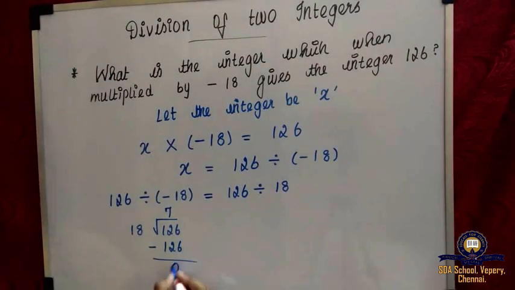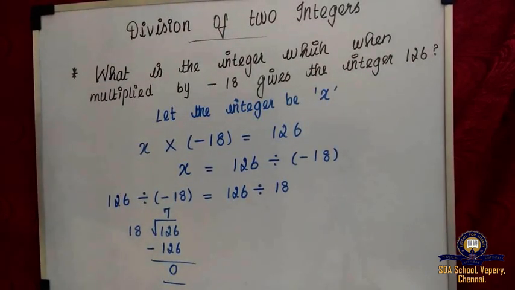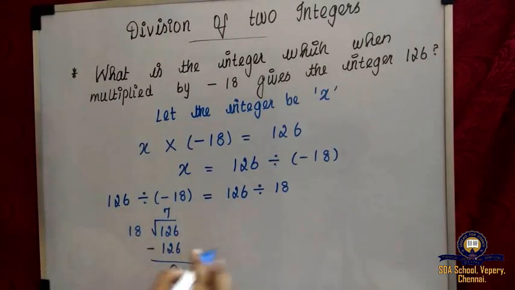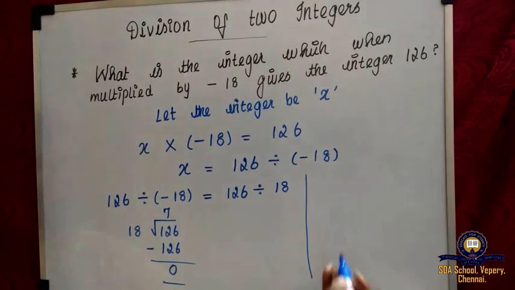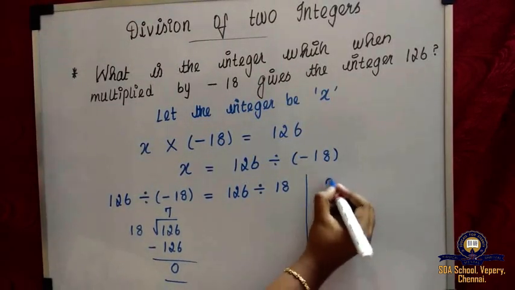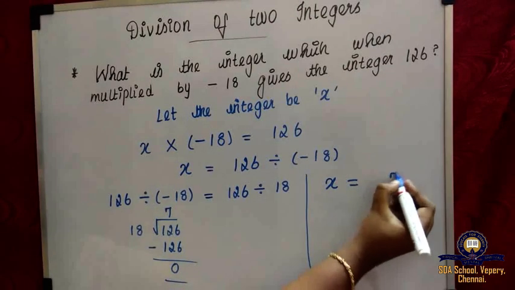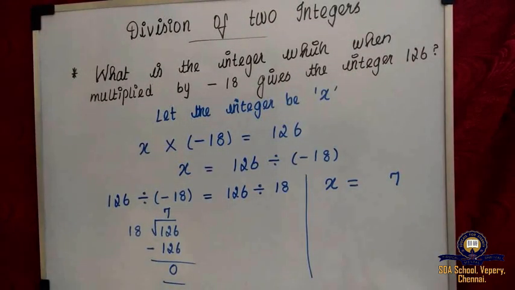So when you subtract, the remainder you will get is 0. So now we found that the quotient is 7. Therefore, x is equal to 7. Now find the sign.